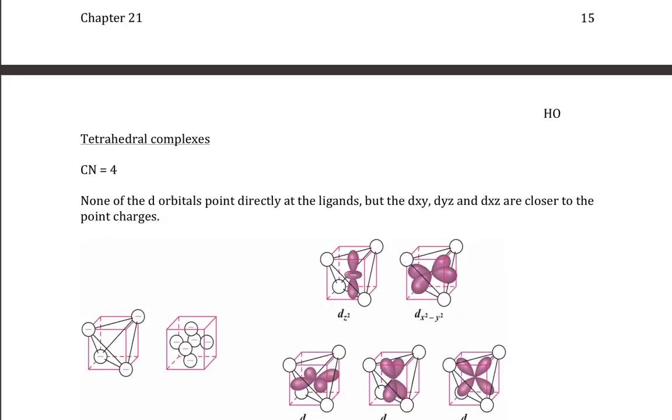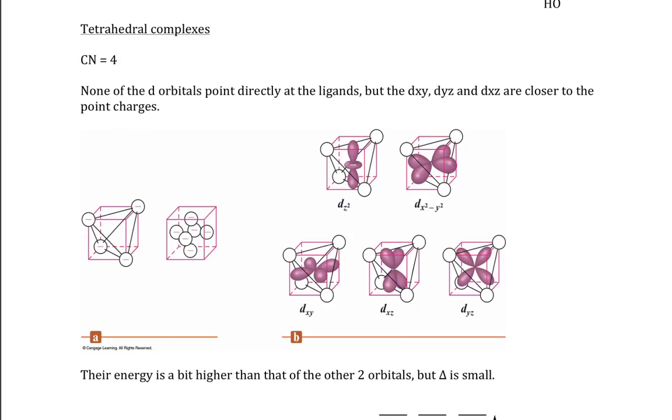Okay, so that's our introduction to octahedral complexes. Now we're going to apply the same kind of ideas to tetrahedral complexes, which have a coordination number of 4.